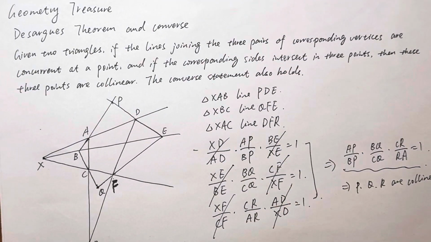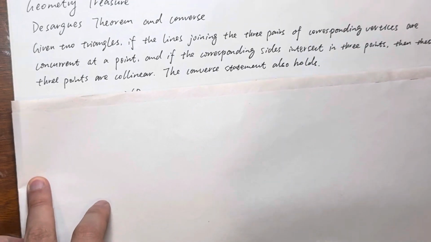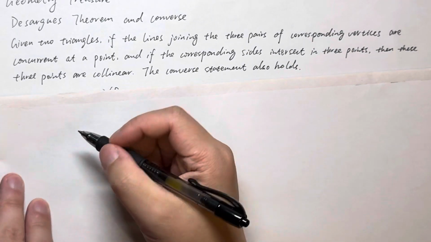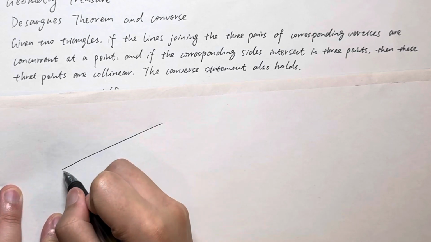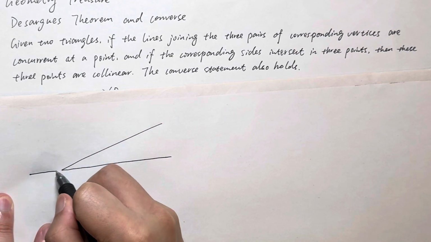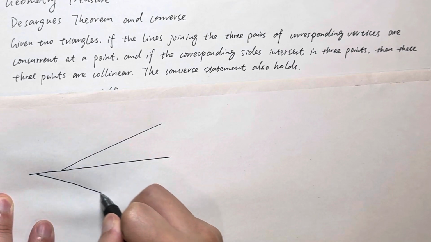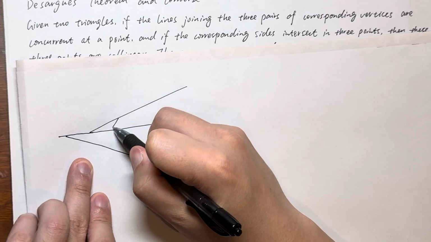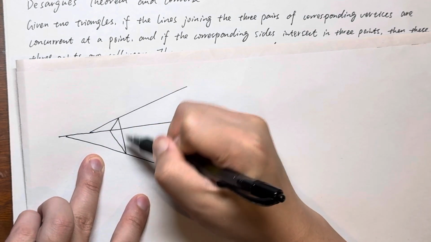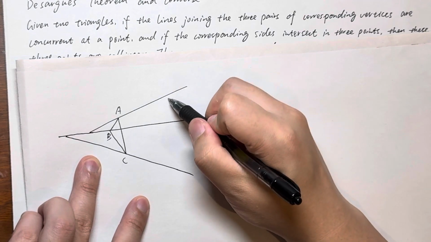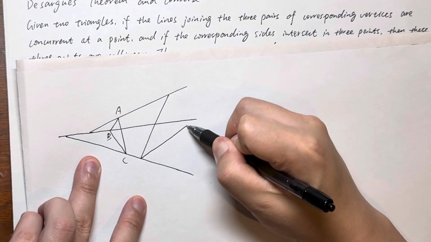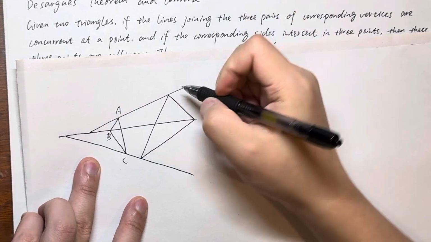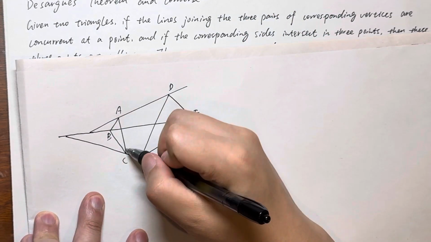And for the converse case, we can assume that we have the triangle ABC and the triangle DEF here, right?